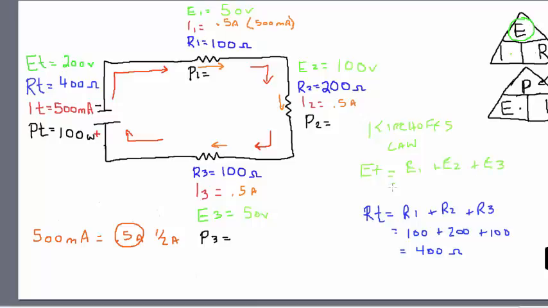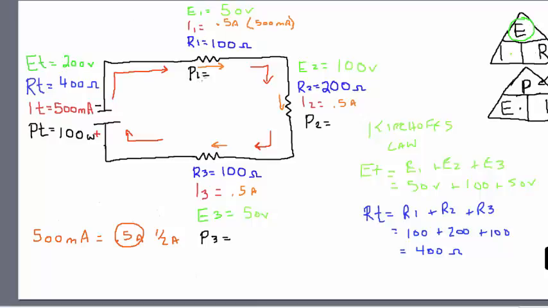So if I add up my voltages, I've got voltage at 1, 50 volts, and I've got voltage at 2 of 100 volts, and I've got my voltage at 3 of 50 volts. I have a total voltage of 200 volts, which is right. So that's just a way to check to make sure that you're on the right track.